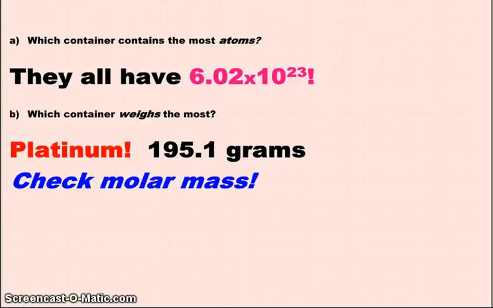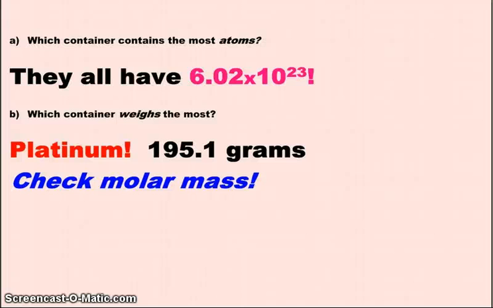Which container weighs the most? That's going to be platinum, since its molar mass is the greatest, 195.1 grams per mole. Aluminum's is 27, copper is 63.5. So again, if you have the same number of moles, you have the same amount of particles. The weight will be different depending on what elements are in that sample.